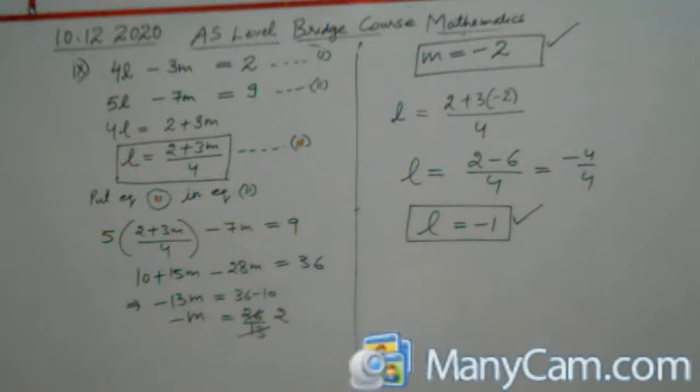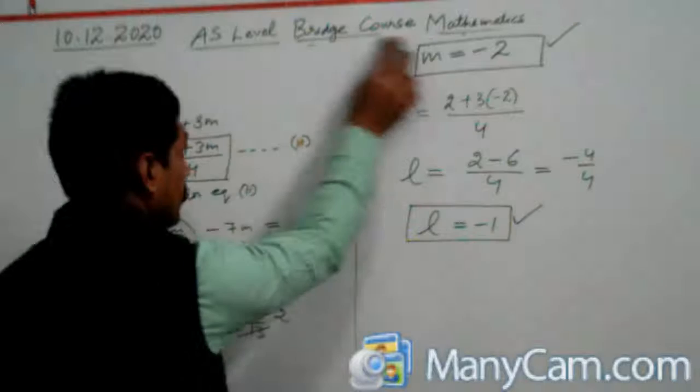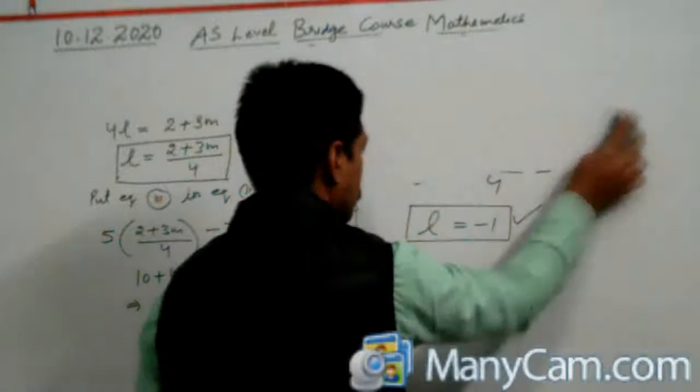Today we can take only these simultaneous equations, right? Already we have solved so many quadratic equations. These are all simultaneous equations.